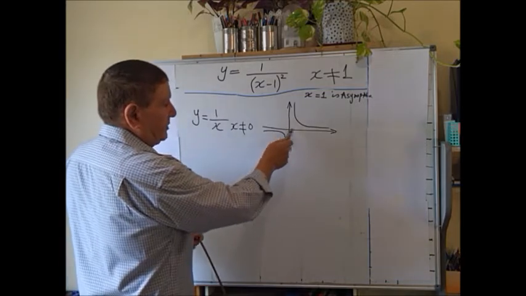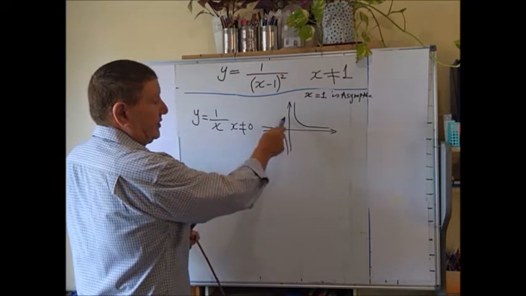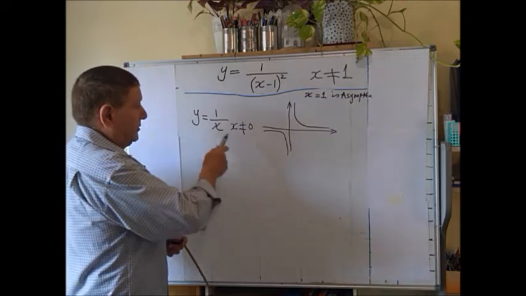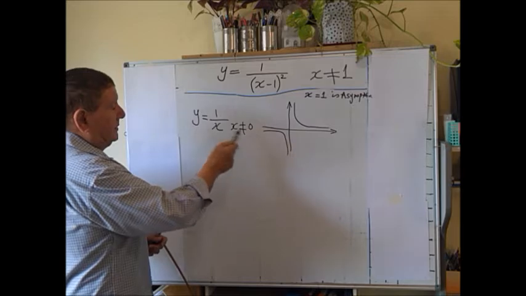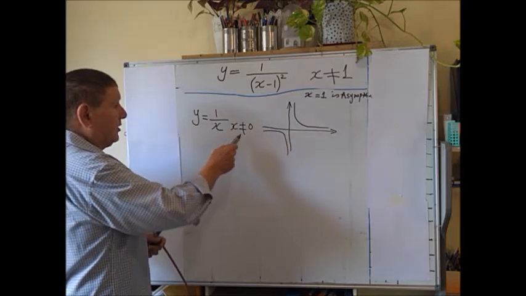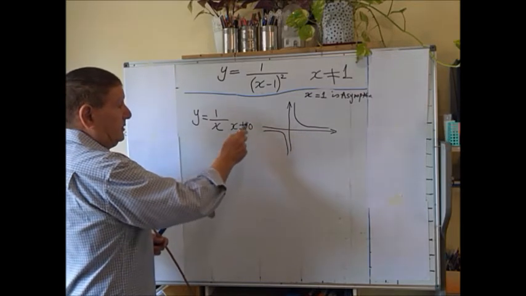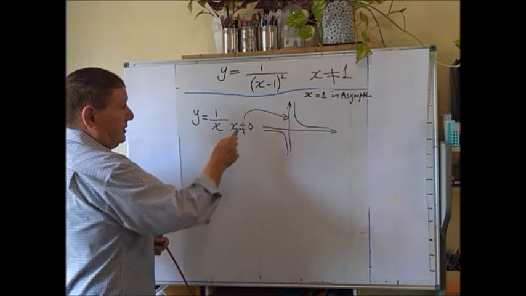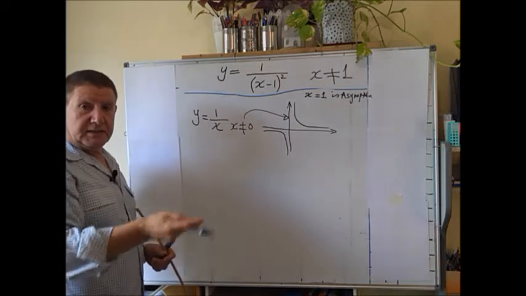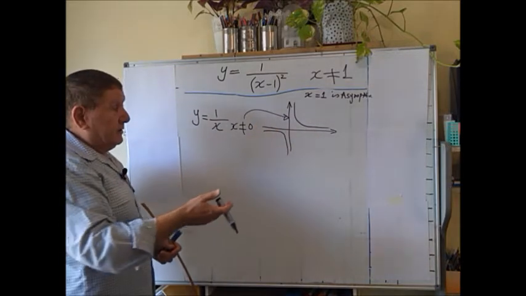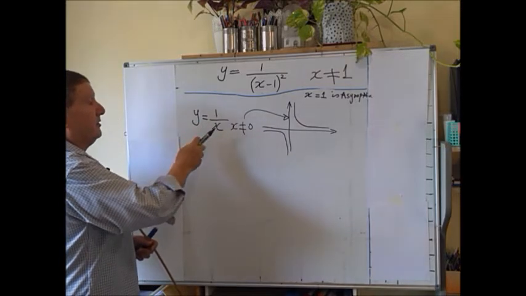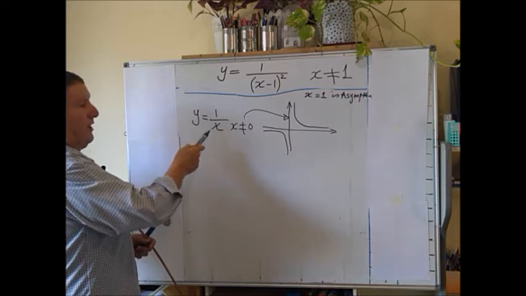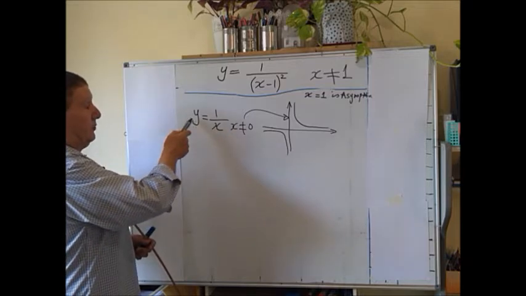And we have two asymptotes here: the x-axis and the y-axis. Because, as we said, x is not equal to 0, this means the y-axis is the asymptote. That gives you x equals 0, the y-axis. So that's the first asymptote. And also there is no value of x that will give you y equal to 0.